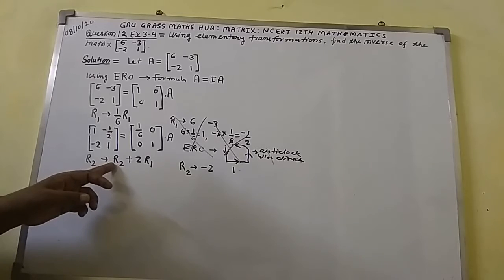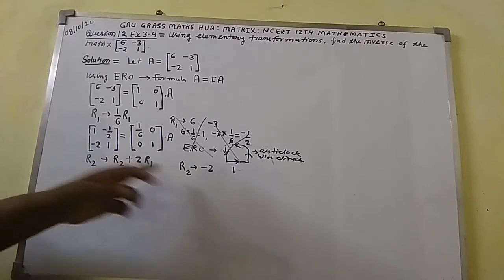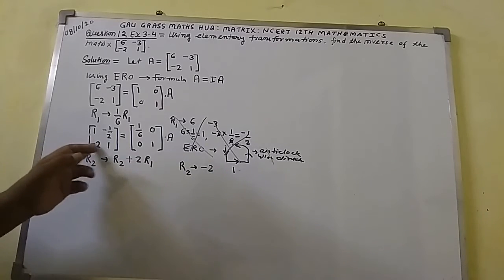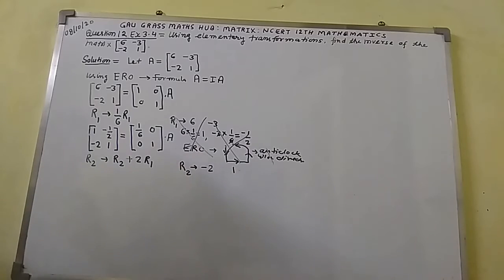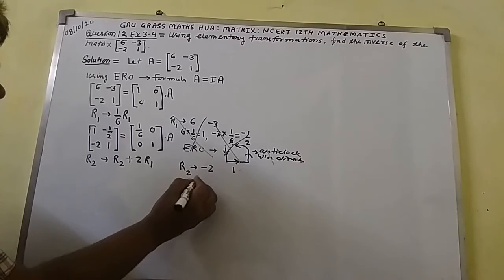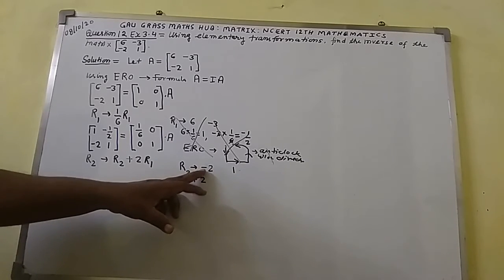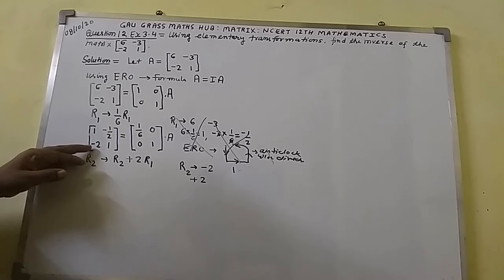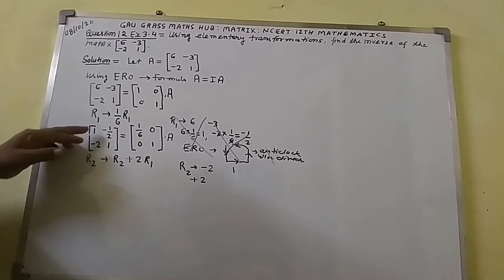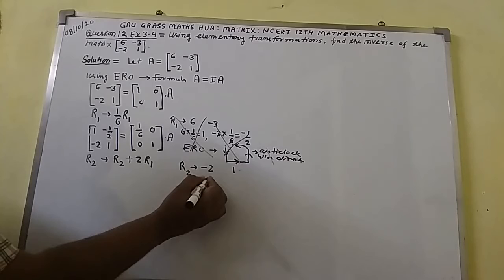So here the elements of R2 I have written, -2, 1, and plus 2R1. Here you can see element -2. The respective element of -2 in R1 will be 1. So here R1 will be taken as 1, multiplied by 2.